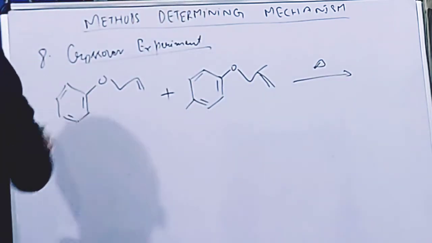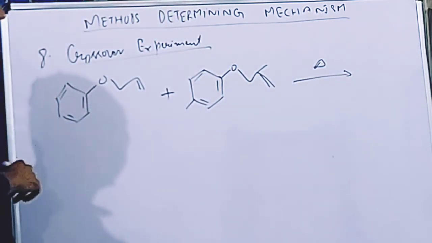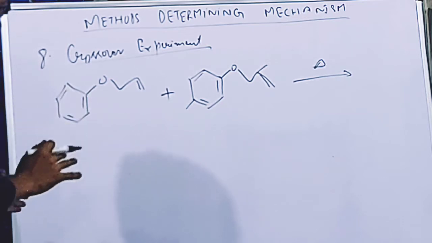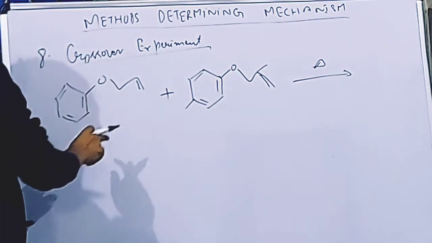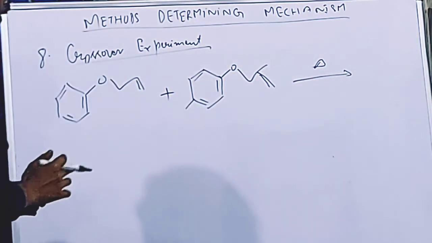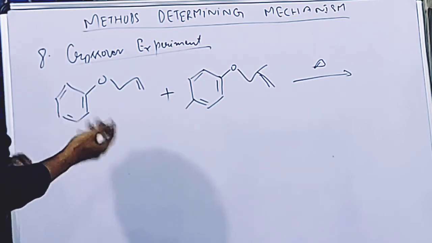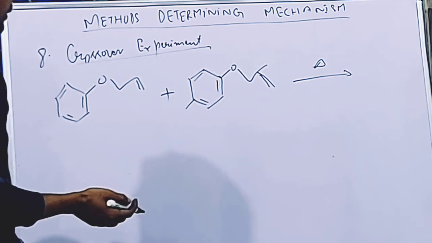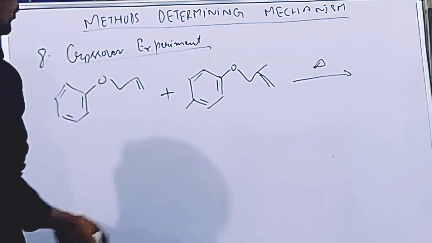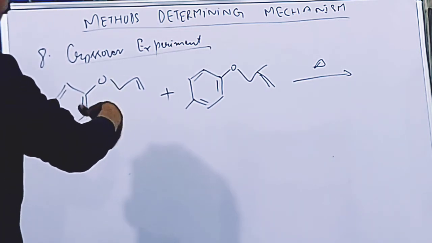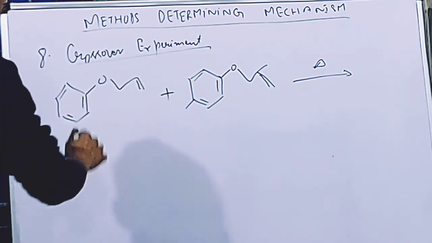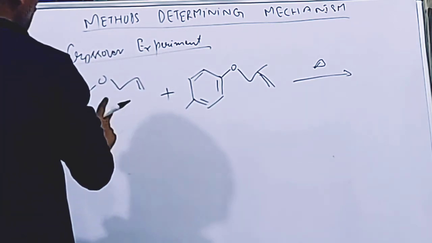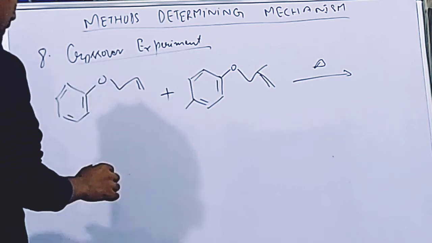So we have these two molecules, and in this reaction, if we get two products, it means this rearrangement of the carbon skeleton is intramolecular, and if we get four molecules in the products, then we have four molecules in the reorganization of these molecules. But in this particular example, we will get only two molecules due to intramolecular reorganization.